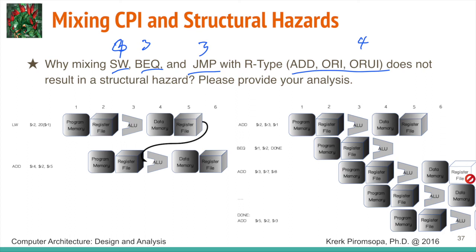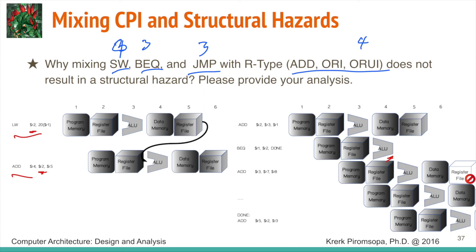Okay, on the left hand side, we have structural hazard because we have load and add. This one wants to read R2 after write. All right, how about the right hand side? Well, I got branch. Why don't I have structural hazard at all? Wanna guess?